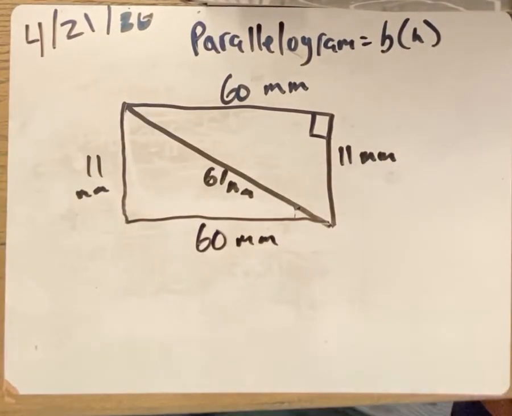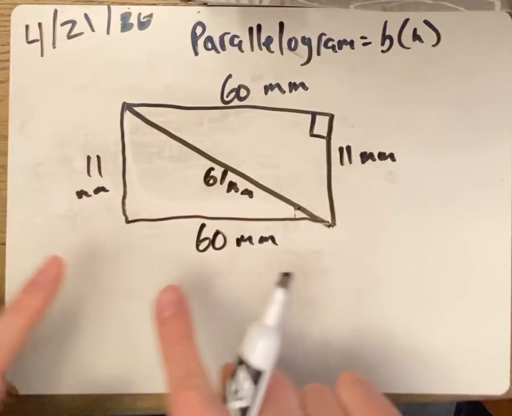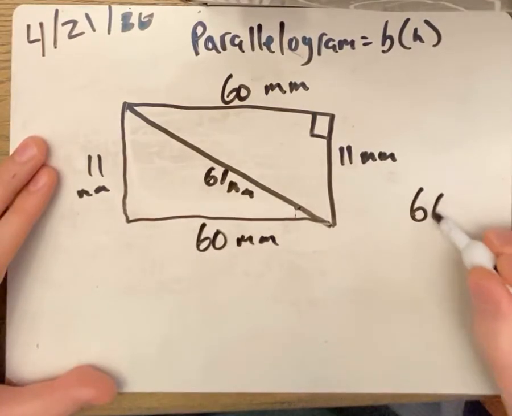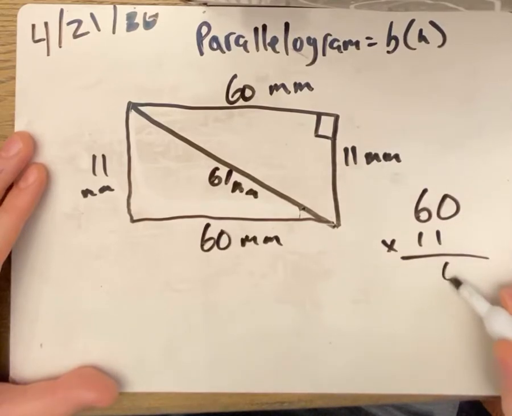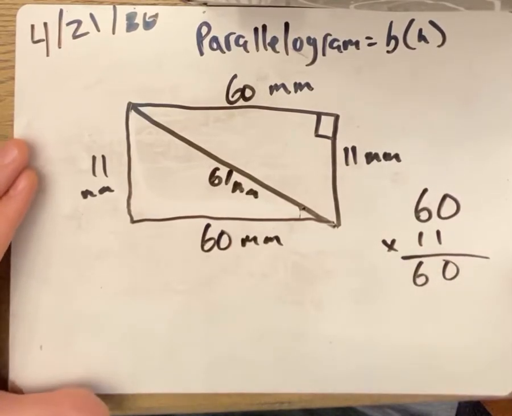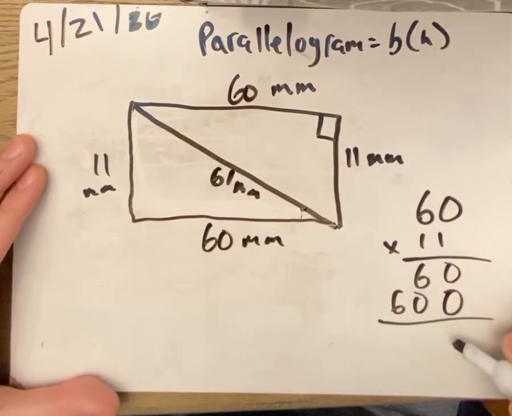So when I'm getting the area of a parallelogram or a rectangle, I'm just using the base and the height, okay? So the area of this rectangle would just be 60 times 11. And that gets me 0, 6, 0, 0, 6.